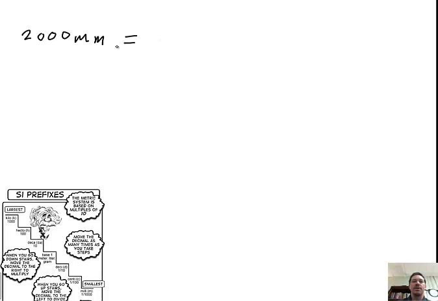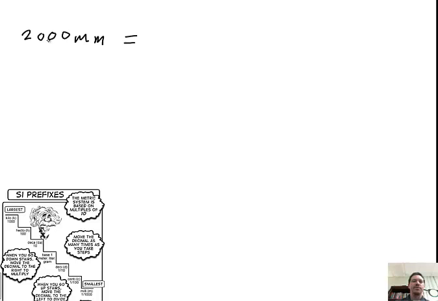And the millimeters could be milligrams, it could be milliliters. So this prefix is always the same, but the second abbreviation or second letter that we use is whatever unit we're using.